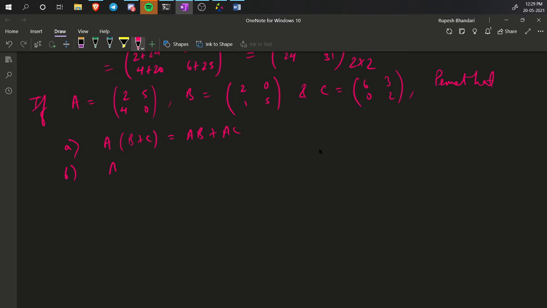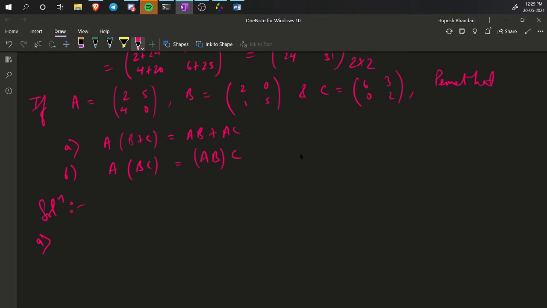Number B is basically (AB)C equals A(BC), right?